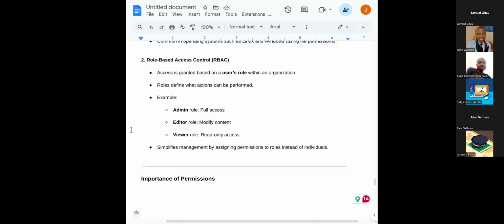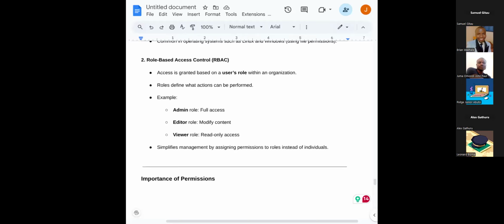For example, let's just give a simple example right here. For these meetings, our admin, who is Esther, is the only one who can create the meetings and end the meetings. Those are her roles, and she can add someone, she can remove someone from the meeting.